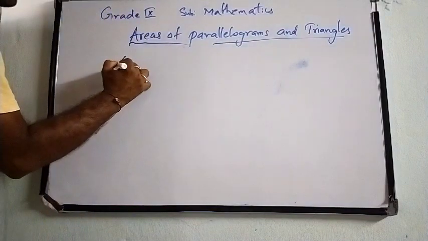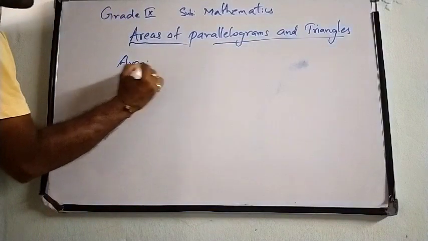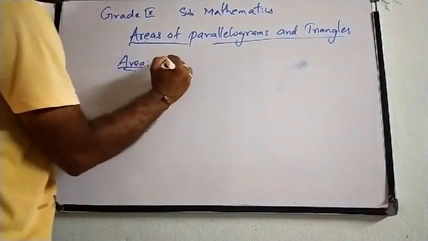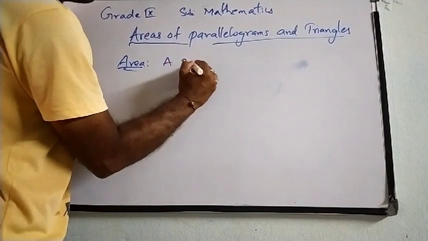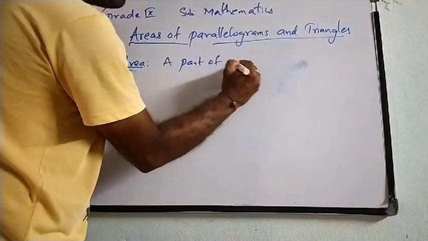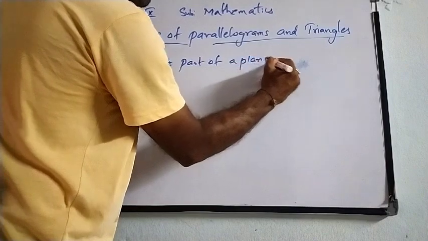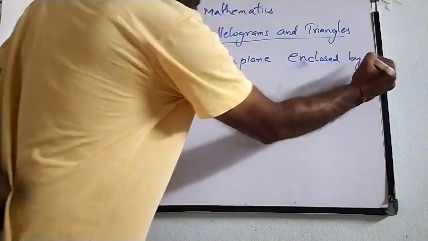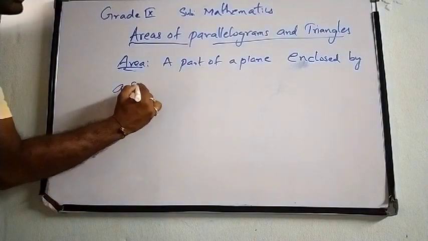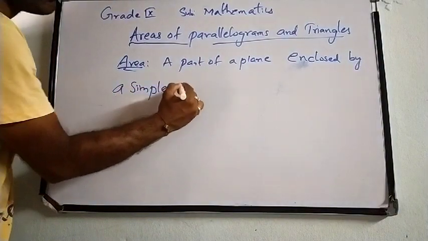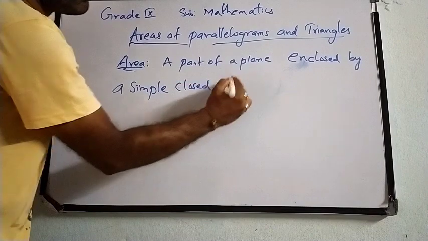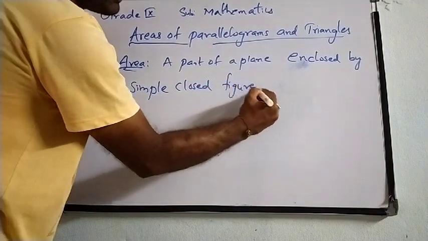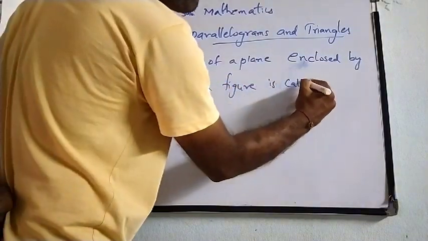So first let us understand the term area. In order to define the area, a part of a plane enclosed by a simple closed figure is called planar region.